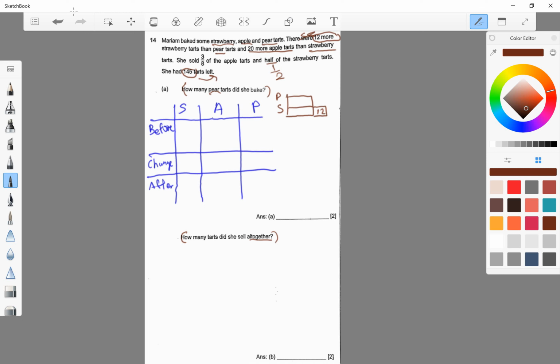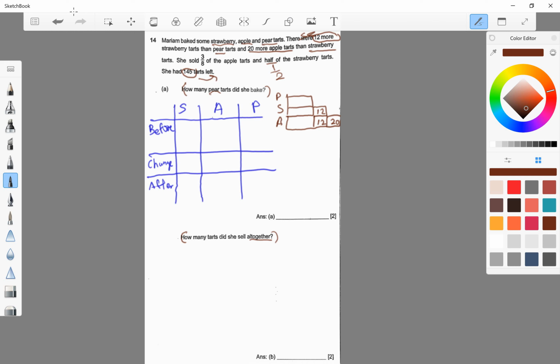And it's mentioned that 20 more apple than strawberry. So apple has got to be the most, because the apple tarts happens to be more than the strawberry by 20. So this is just a rough idea.